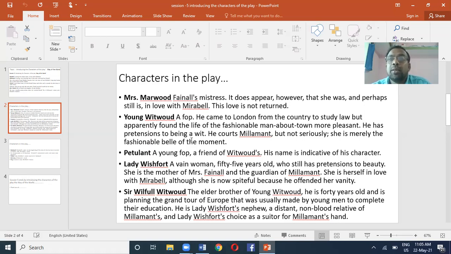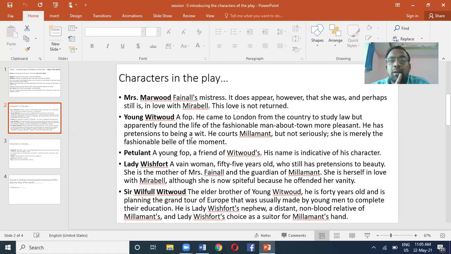It does appear, however, that she was, and perhaps still is, in love with Mirabel. See that again. Mrs. Fainall was in love with Mirabel. This love is not returned.